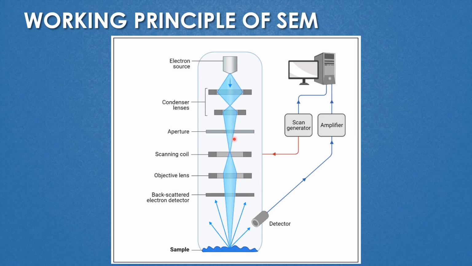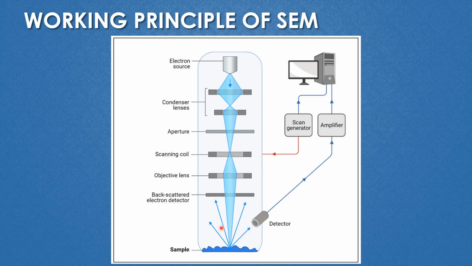After traveling, the primary electron beam strikes the surface of the sample, and the interaction with the sample produces the secondary electron beam. These four arrows represent the secondary electron beam. The produced secondary electron beam is transmitted to the detector.